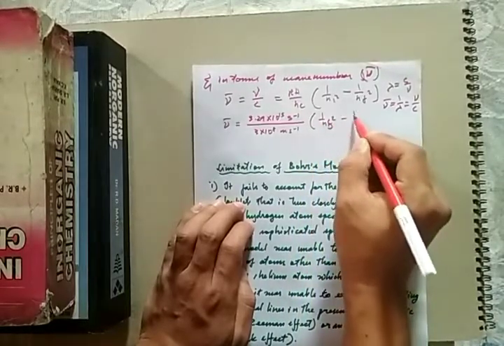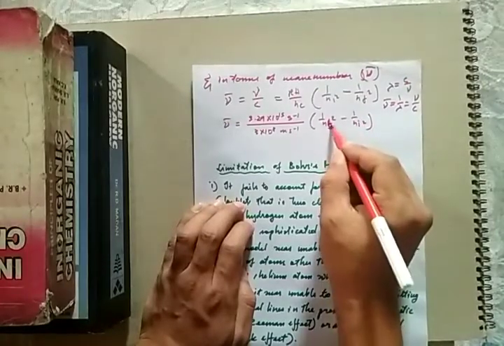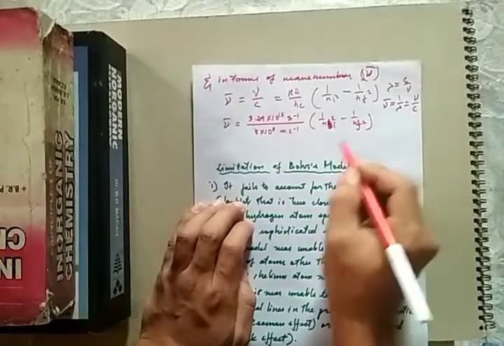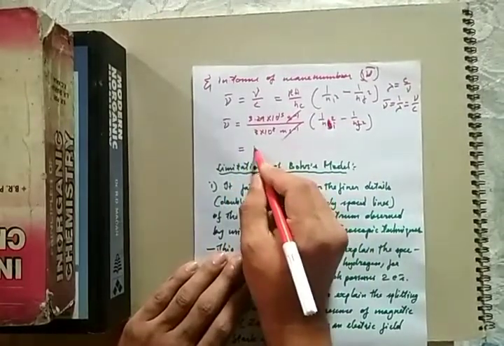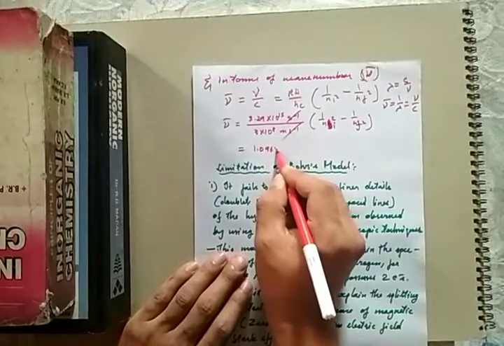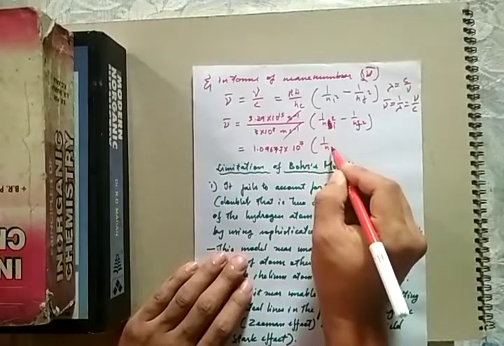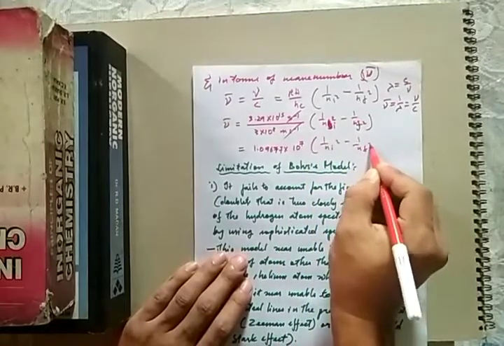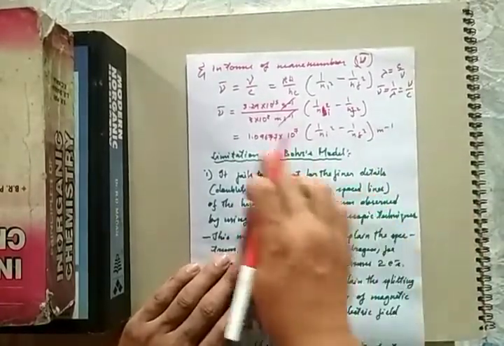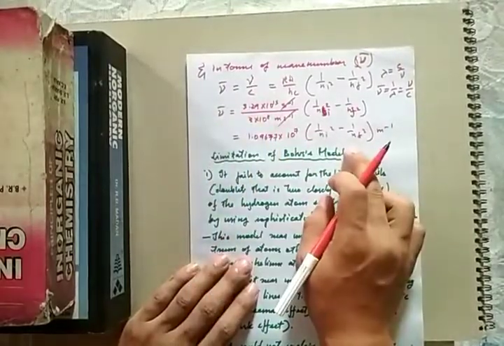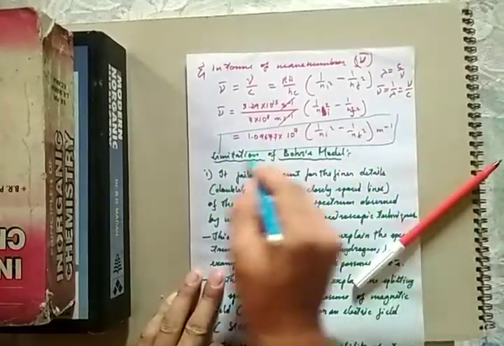The final value will be 1.09677 into 10 to the power 7. You will use this value to calculate the wave number.